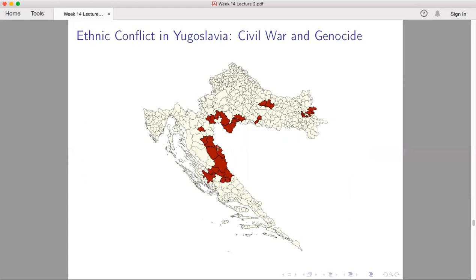There are predominantly Serbian communities in these red highlighted areas in Croatia. And Serbians felt like if Croatia was to become independent, there was a possibility that these groups would be repressed or discriminated against, and they wouldn't have any recourse.